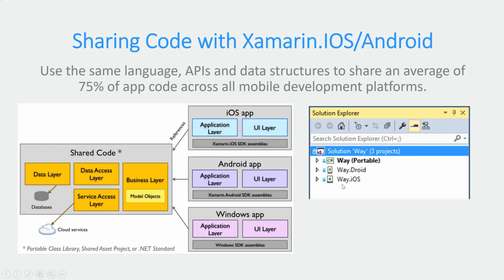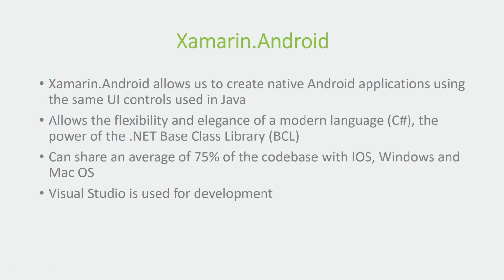Xamarin Android, that's their native Android implementation. It allows you to run the same UI controls as in Java. So if you have a button, a list, a carousel, anything really that Android supports, you can do exactly the same thing.